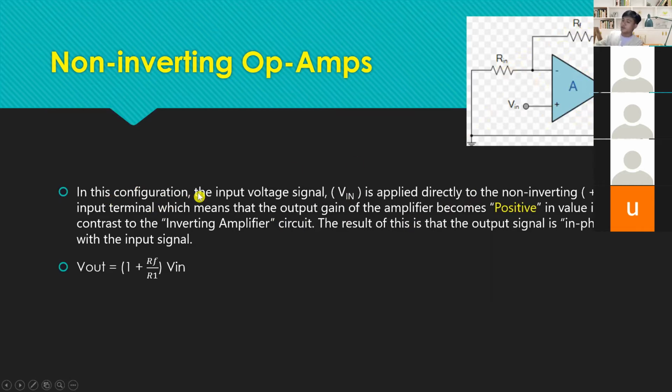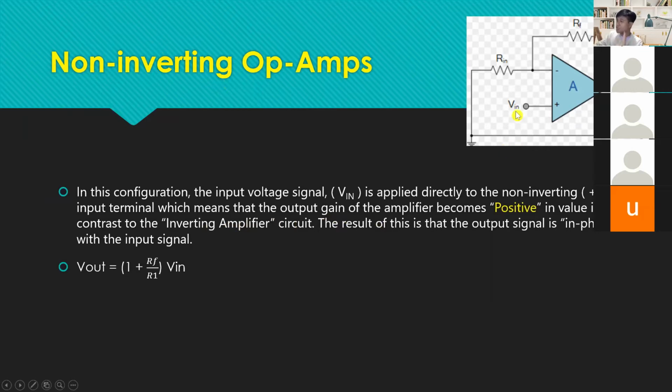In this configuration, the input voltage signal or the Vin is applied directly to the non-inverting, which is the positive pin, input terminal, which means that the output gain of the amplifier becomes positive. So take note, if it's non-inverting, hindi naman sinabing porket non-inverting, lahat na ng output niya is positive. That's a no-no.